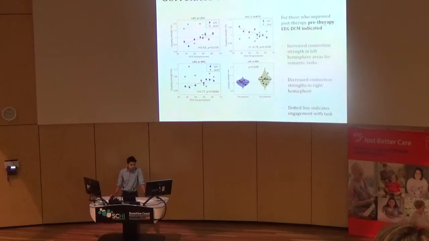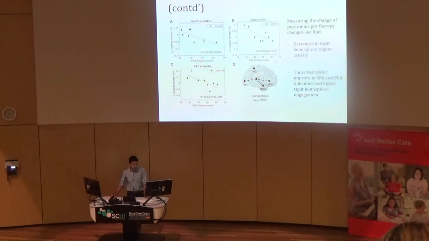What we found was that pre-therapy, those that improved the most had higher task engagement in left hemisphere areas, and lower task engagement in right hemisphere areas. We also found that those who improved the least had lower task engagement pre-therapy, but following therapy, they did have a bit more connectivity in the left hemisphere.